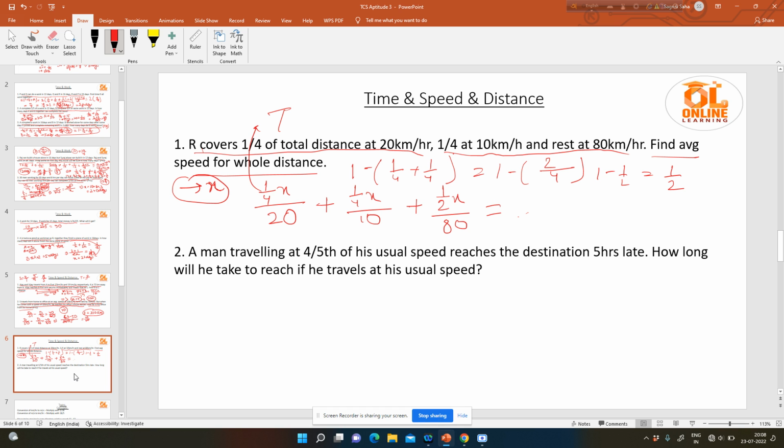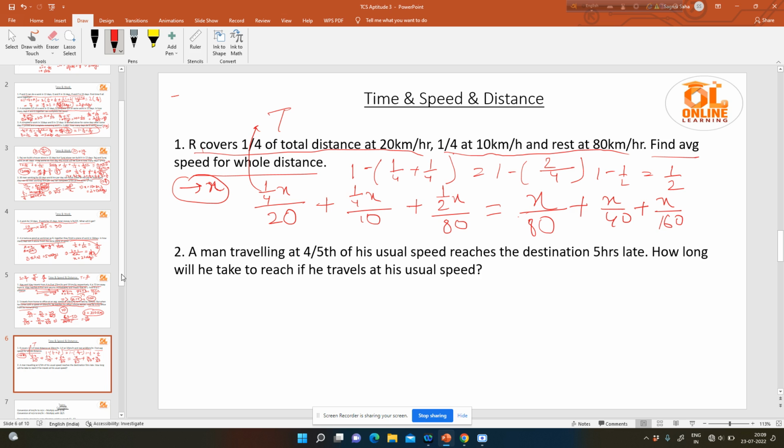So it would be x by 80, then followed by x by 40, and again x by 160.